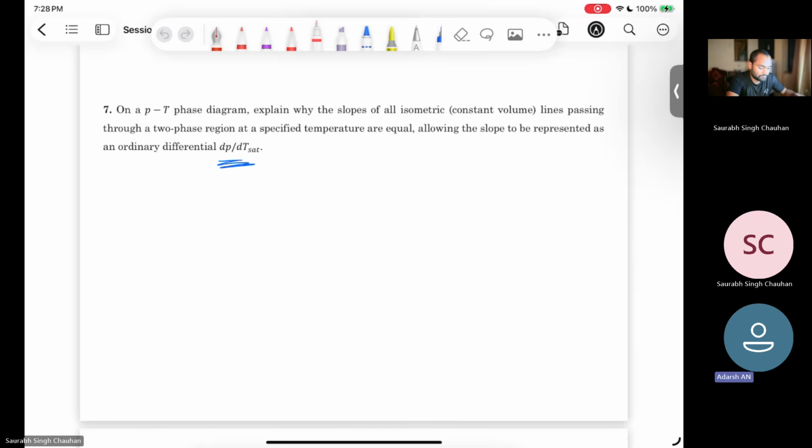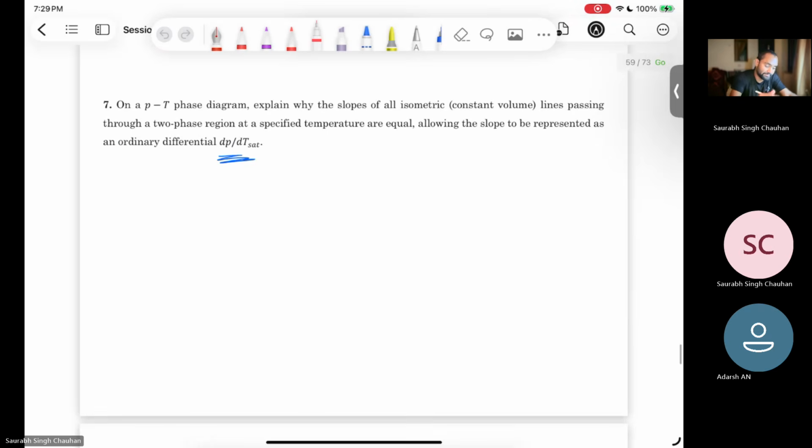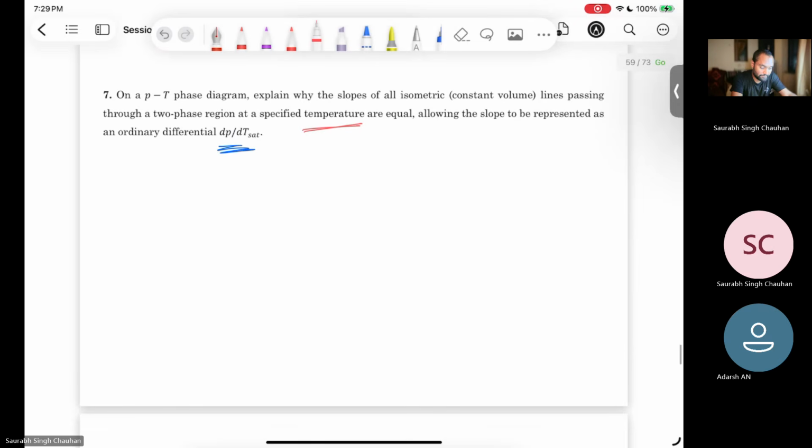It's a point, I think. So pressure is a function of temperature only. So if the temperature is specified, then it is a constant, right? Yes, sir.